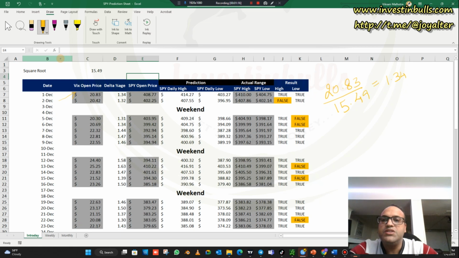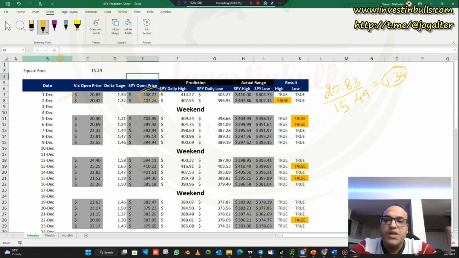This is your prediction of how much SPY is going to move from the open. In this particular case, it opened at 408.77. From 408.77, the price can either go 1.34% up or 1.34% down.